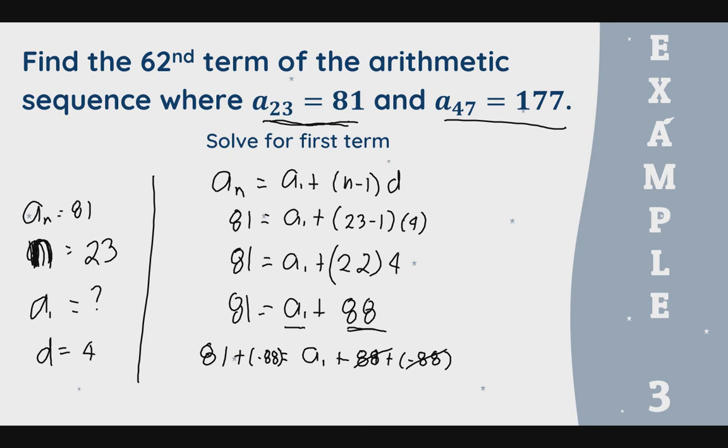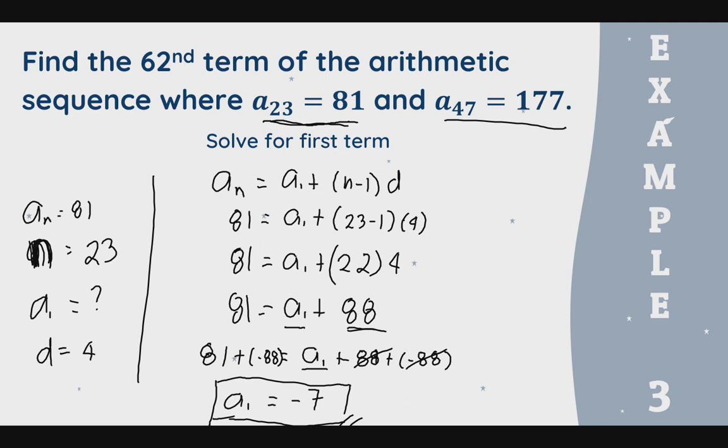That's why what will remain is a sub 1. So a sub 1 is equal to 81 plus negative 88, which is what? Very good, negative 7. So our first term is negative 7.